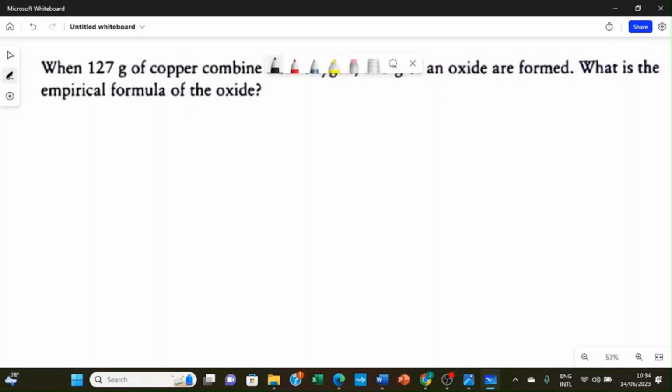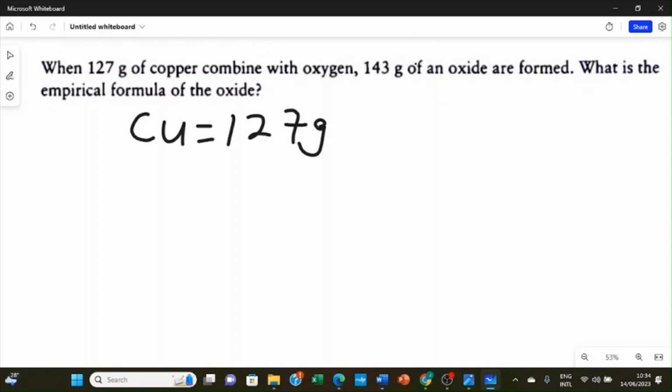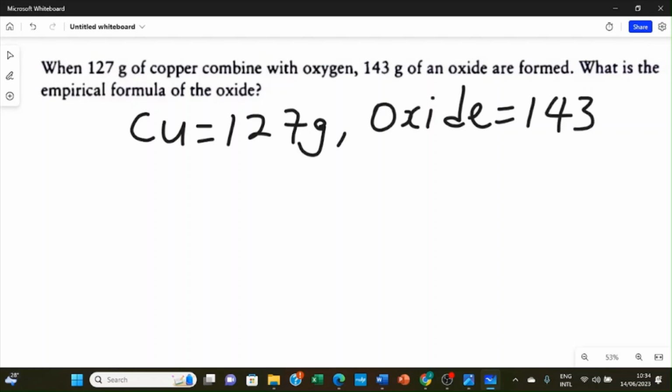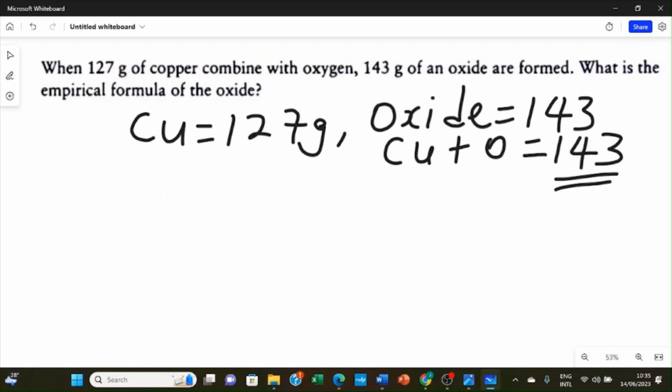So the first thing we need to do is that the oxide contains copper, 127 grams. Then the oxide is equal to 143, which is copper plus oxygen, equal to 143 grams.